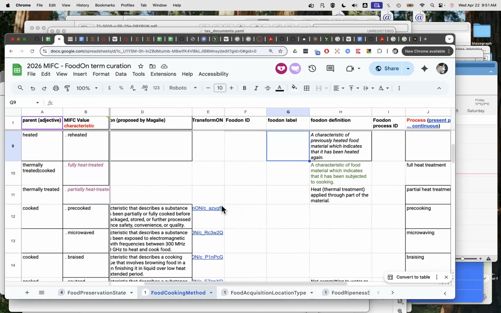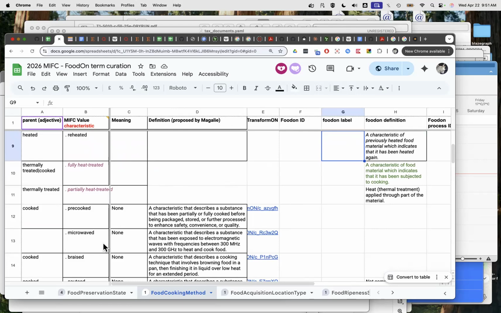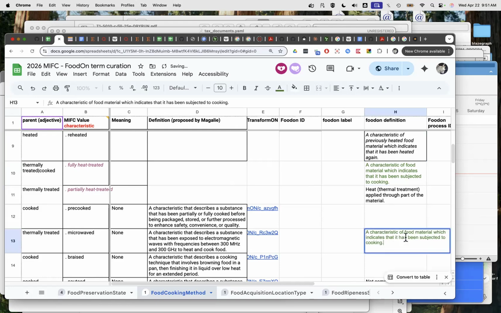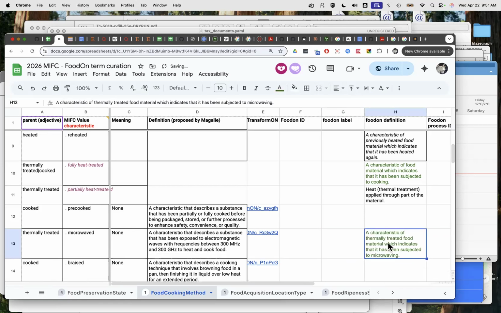Good. Okay, and microwaved, I think we can say microwave is thermally treated, in addition to being a characteristic which indicates that it has some kind of microwaving. I think there's going to be a process called microwaving.